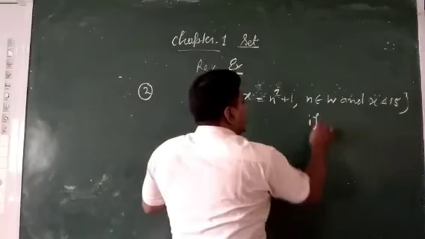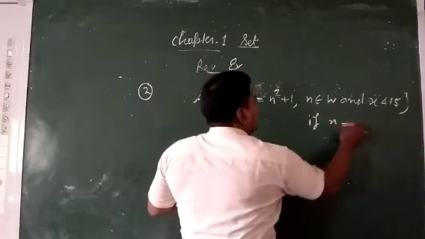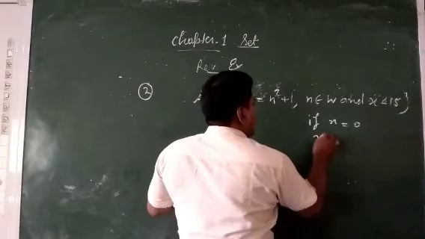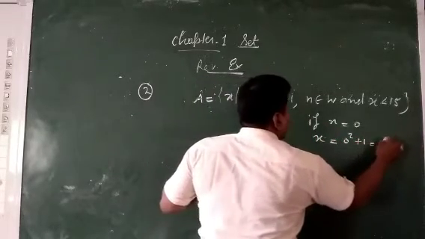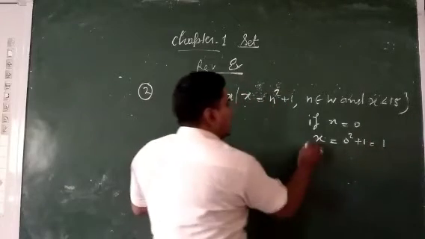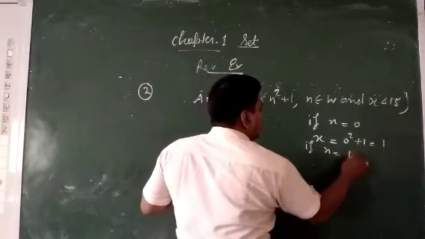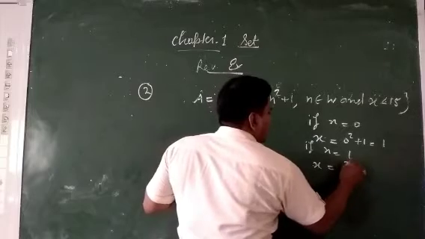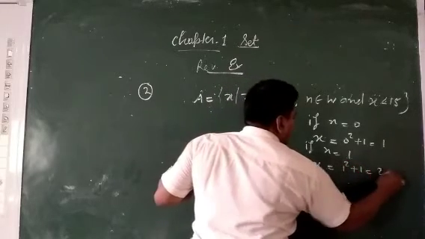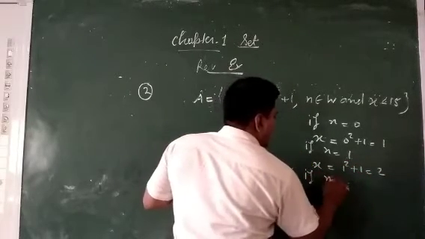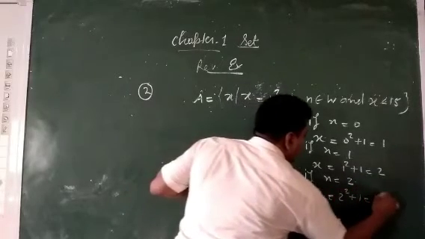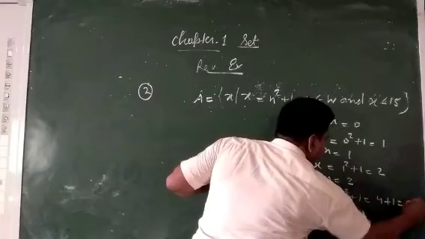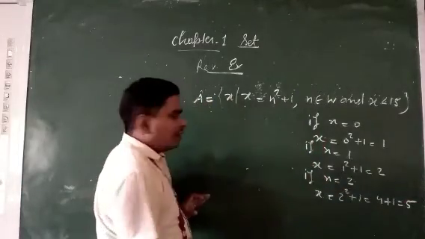If n is equal to 0, then X is equal to 0 square plus 1, which is 1. If n is equal to 1, then X is equal to 1 square plus 1, which is 2. If n is equal to 2, then X is equal to 2 square plus 1, 4 plus 1, 5. Clear?